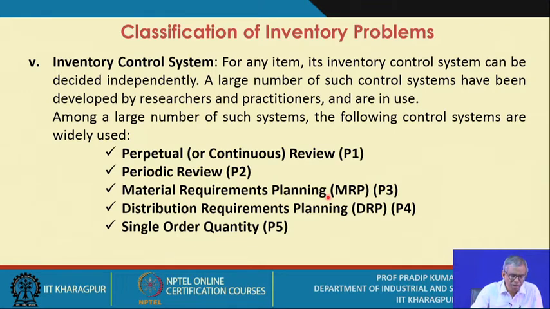Then you have the distribution requirements planning. This is very much there in the materials management systems. So this is very, very important, in fact, the distribution requirements planning. And you must have good quality distribution requirements planning systems, so that for the entire supply chain, that means from the inbound logistics to the factory systems to the outbound logistics, you can have a balanced flow of materials in different forms.